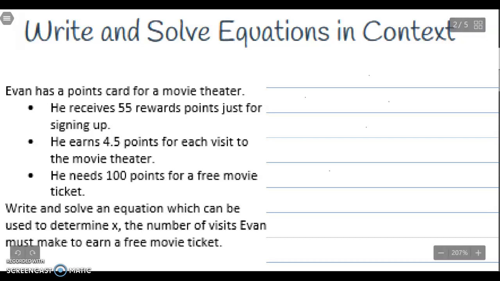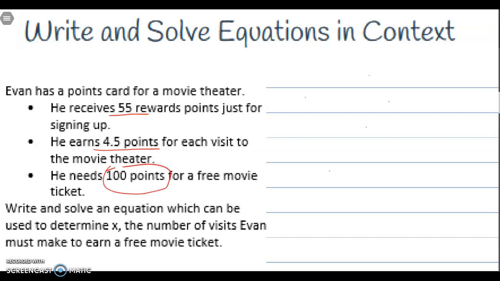I'm going to underline the two things I think he needs to add and circle the total. He starts off with 55 reward points. He's going to be earning 4.5 points for each visit, and you need to add those points up to get 100 points.